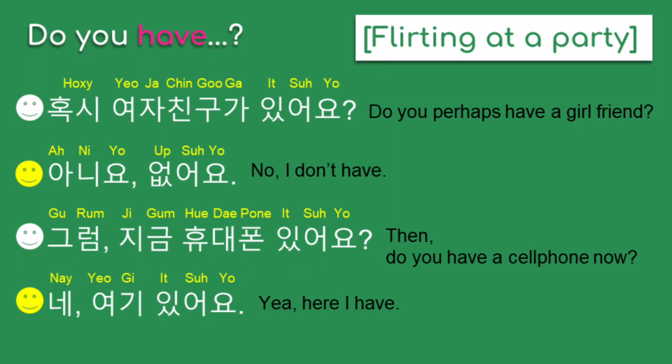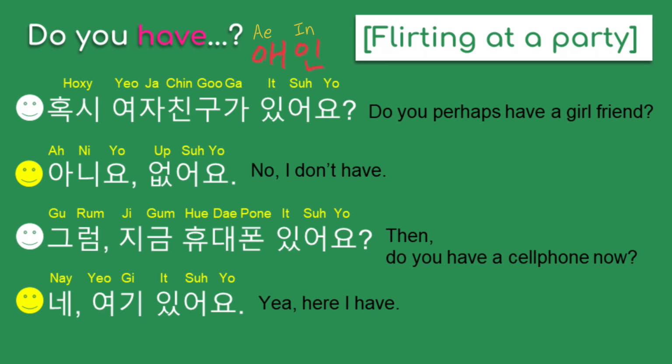Alright, now I'm gonna go over each sentence. 혹시, perhaps, maybe. 여자친구. 여자 means female. So 여자친구 means girlfriend. If you want to ask boyfriend, that's gonna be 남자친구. 남자 means male. If you just want to say a lover, it can be 애인, but we don't really use that.